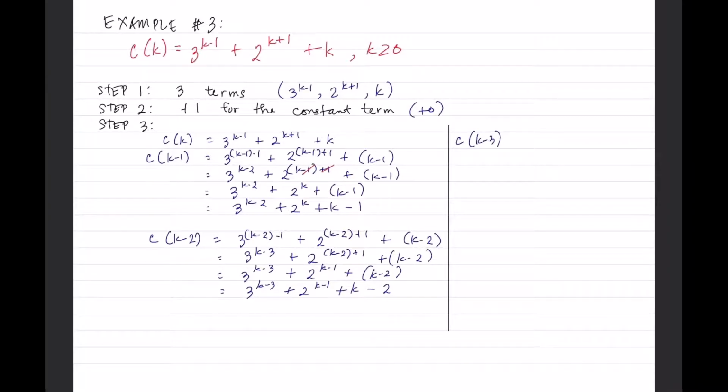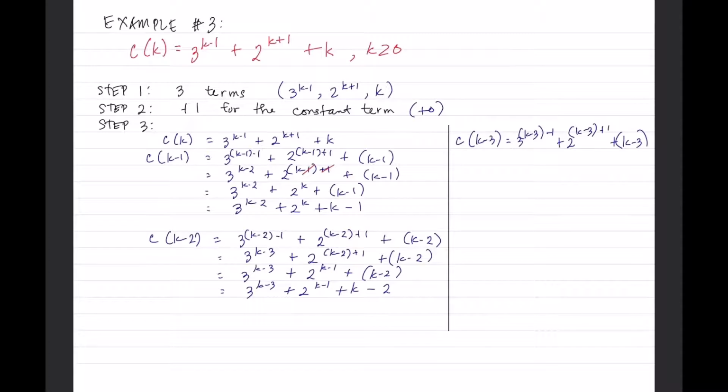However, in the reference book that we are using, it only solves up to the second order relation, which is C of k minus 2. However, in the steps that I am providing, it will always give us a constant in the right hand side.